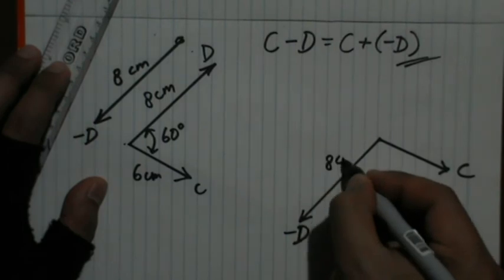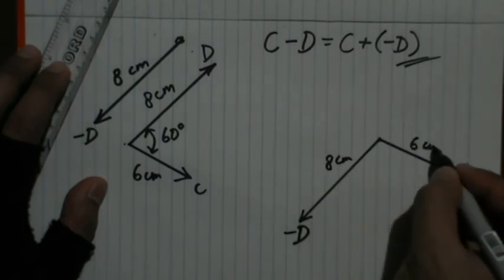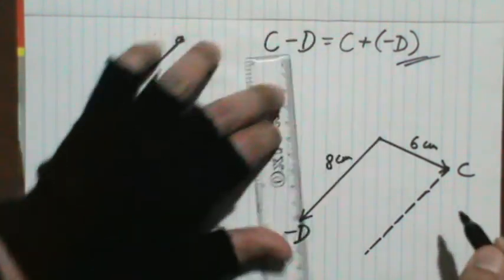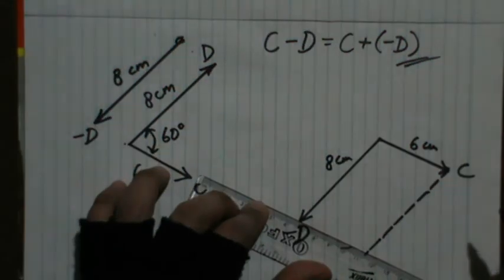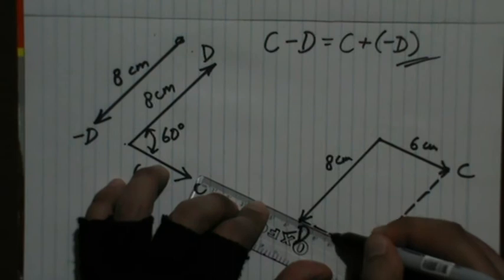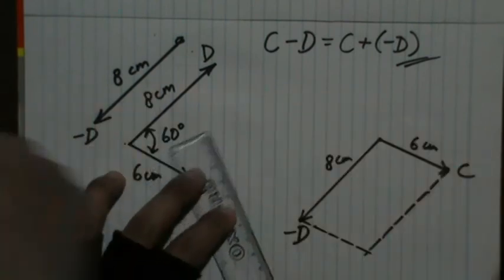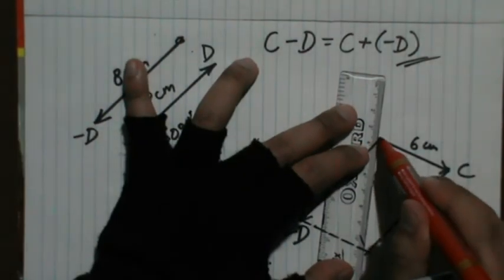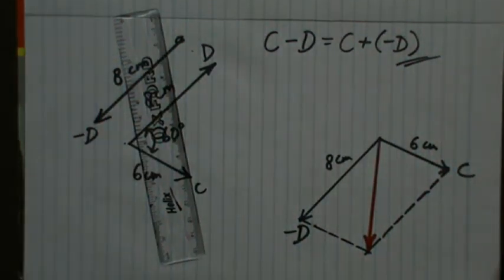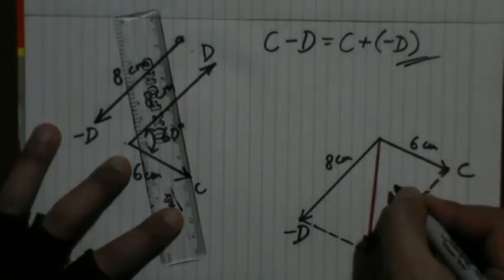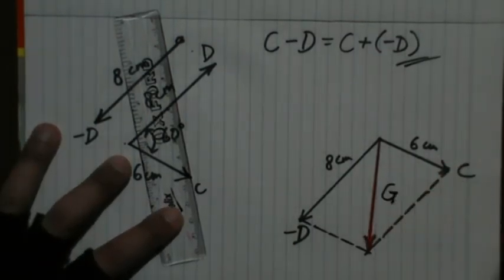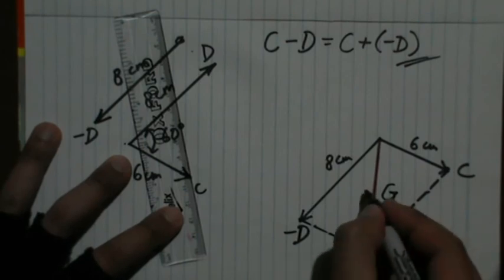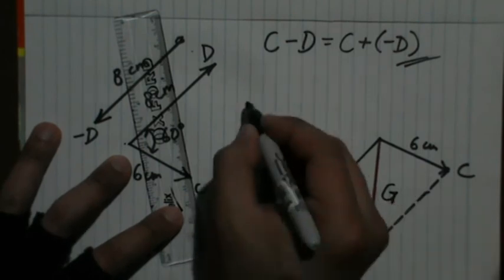This is 8 centimeter, 6 centimeter, so let's call this vector G, and the magnitude of G here is small g.